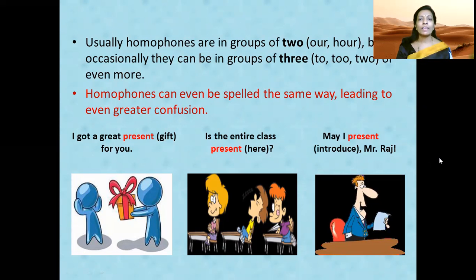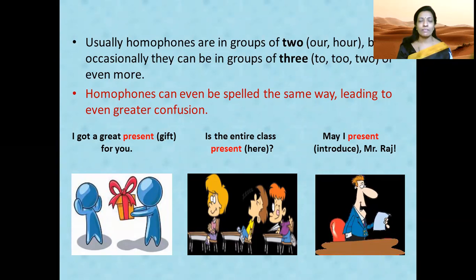Homophones can even be spelled in the same way. That is, they can have the exactly same spelling, and that is why it leads to greater confusion. Here are three images which you can see on your screen. In the first image, it is accompanied with a sentence, I got a great present for you.